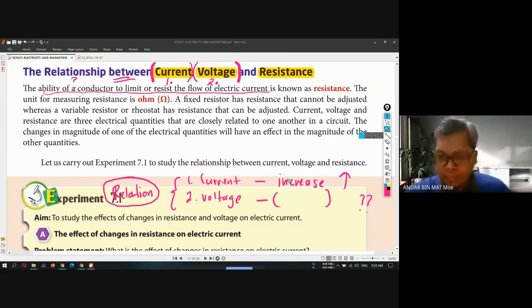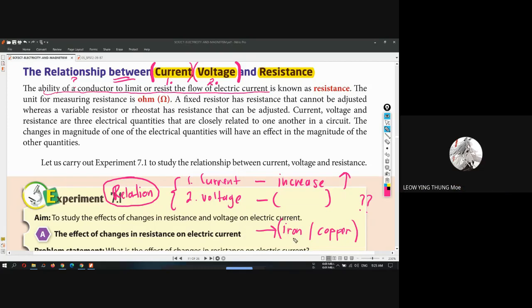For example, between iron and copper. You still remember iron and copper, what type of substance is it? Form 1. Is it metal or non-metal? Metal. Okay, very good.